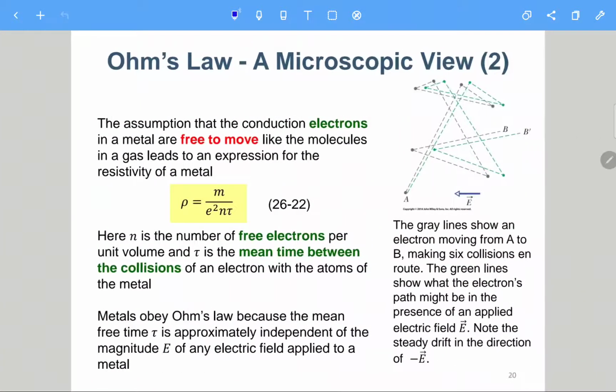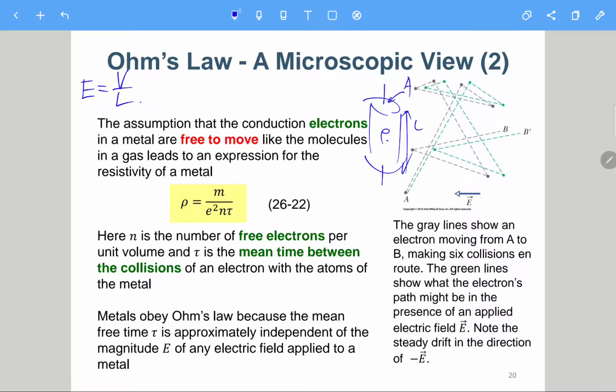Because I can simply show you, because you know that E equals V over L for a resistor, here, as long as this is L, this is A, and this is rho.